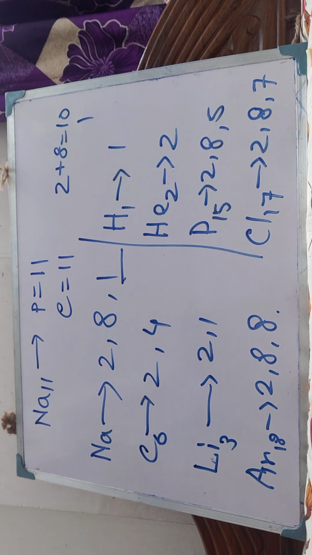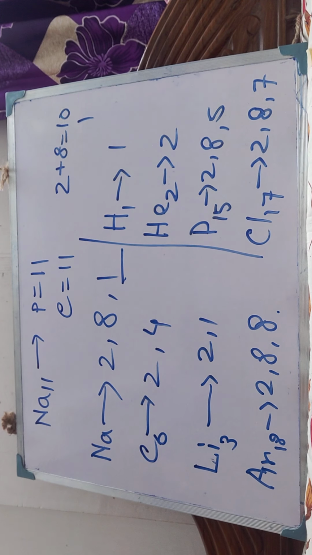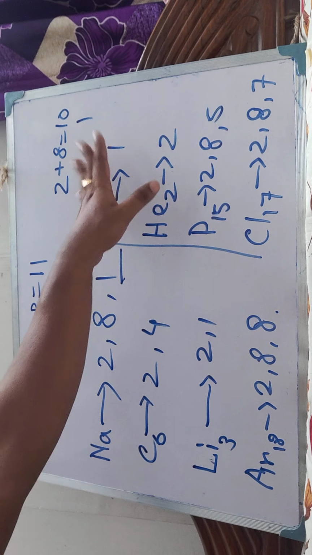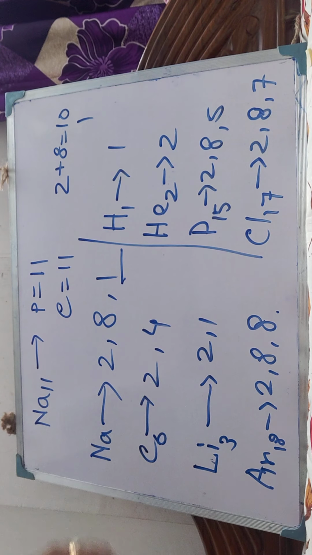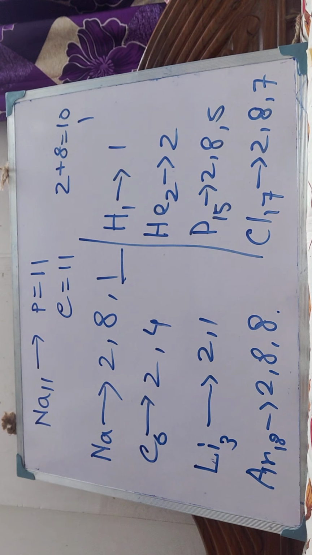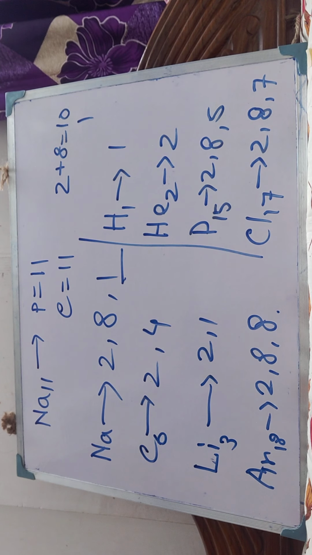It is the last number that we are writing. It is the number of electrons placed in the last shell. In case of hydrogen and helium, as they have only one shell, the first shell is the last shell for them. So if an element has 1, 2, 3 or 4 electrons at its outermost shell, then its valency will be 1, 2, 3 and 4 respectively.